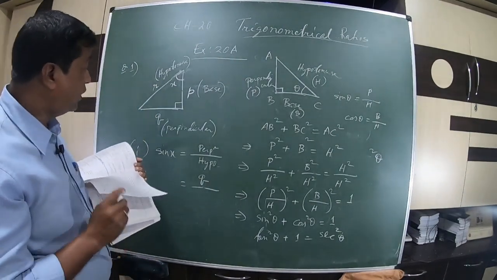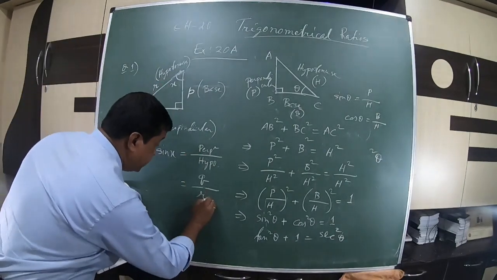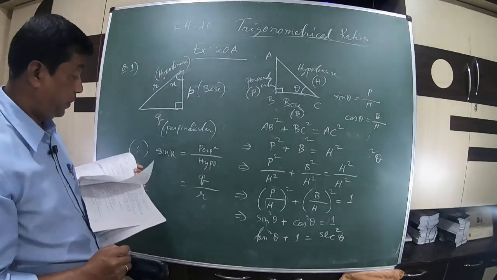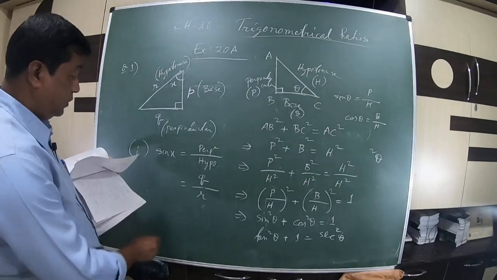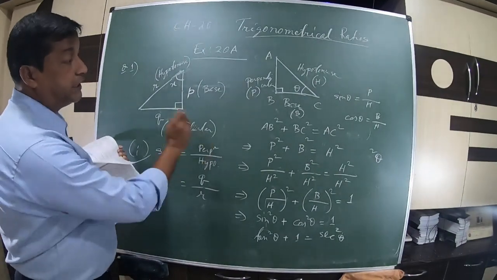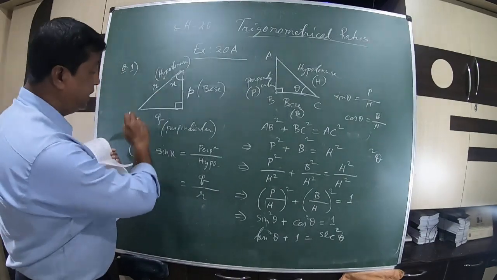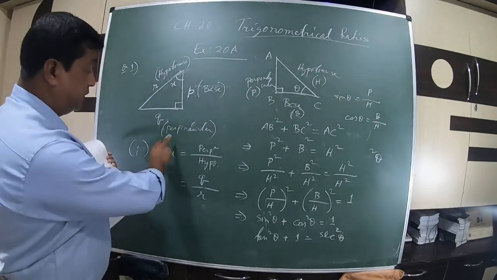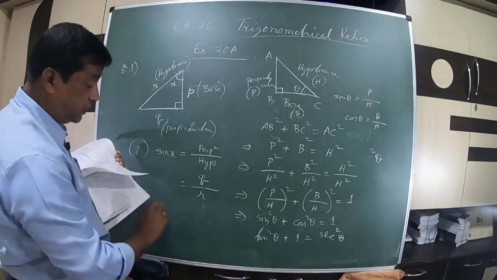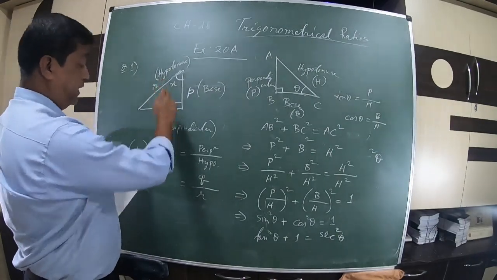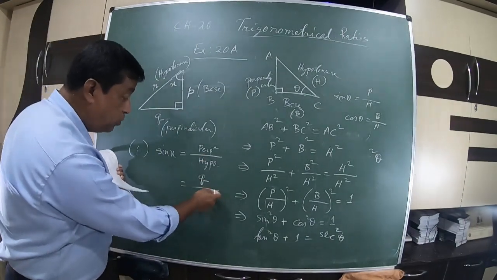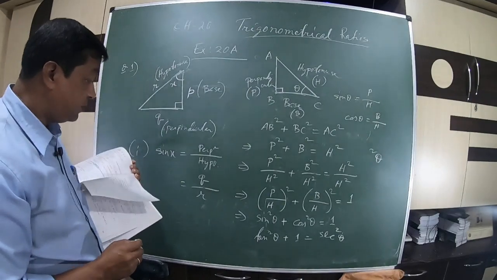The value given here is R. So that is Q by R. If you take sin x, the ratio is perpendicular by hypotenuse. In the given figure, Q is the perpendicular and R is the hypotenuse. So you can write Q by R. That is sin x.